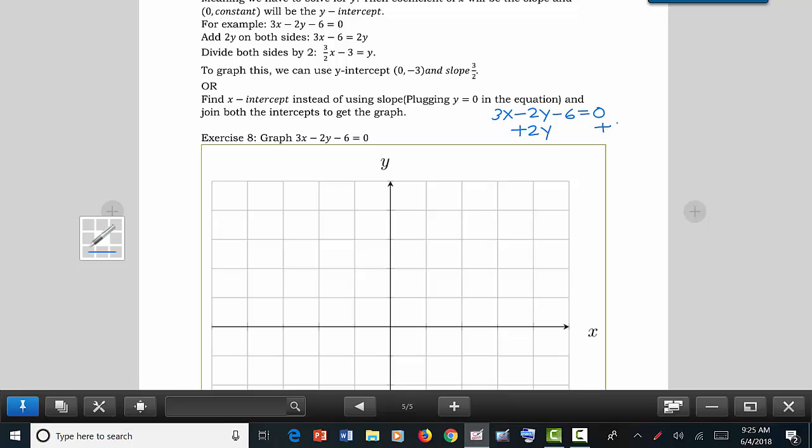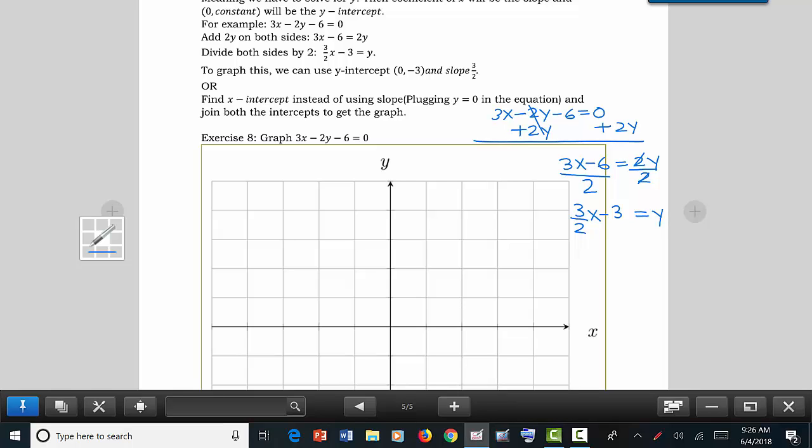For that reason I add 2y on both sides. Cancel out. So we got 3x minus 6 equals 2y. I want to isolate y by itself. That's why I need to divide both sides by 2. Cancel out. So we got y equals 3 over 2 x. Subtract 6 divided by 2 is 3.